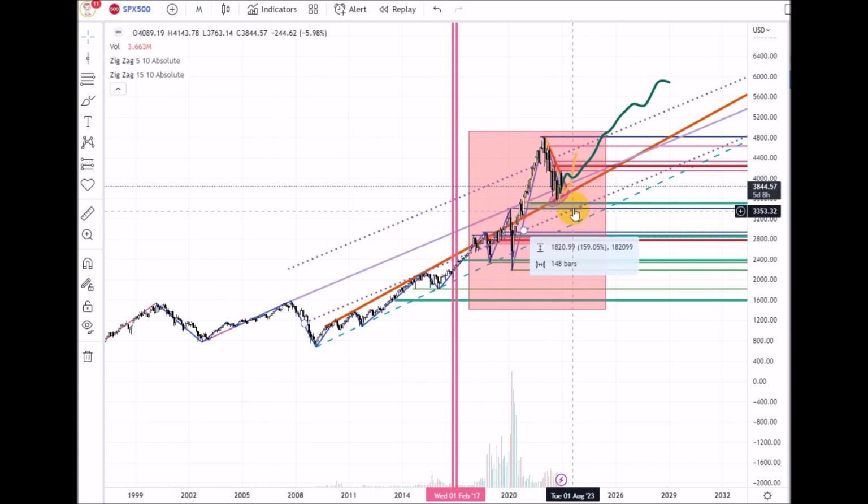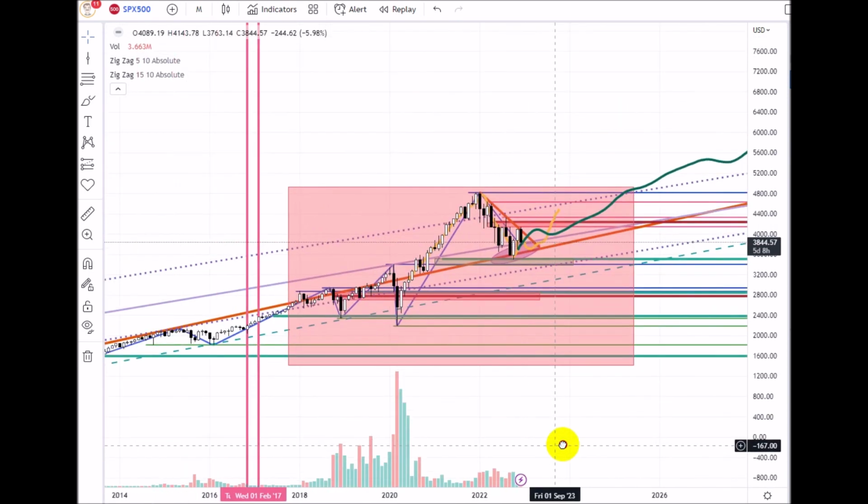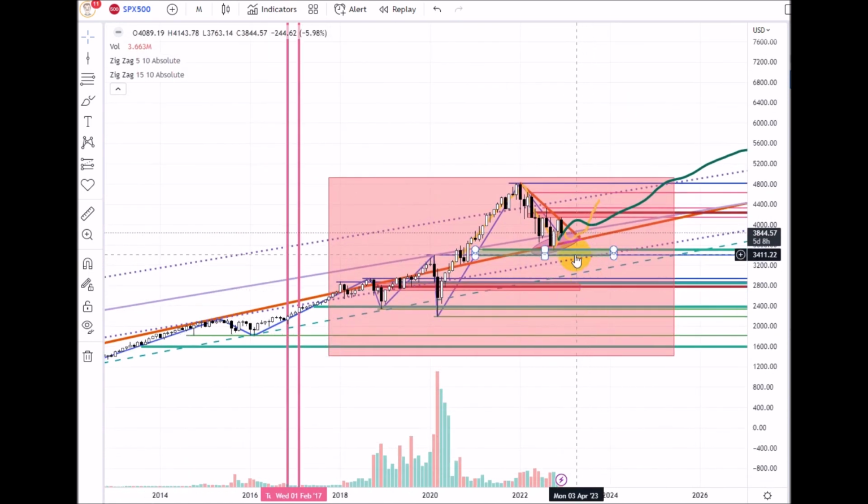But ideally, if there is no crisis event and we flag out into this formation, we're likely to continue to flag out through, let's call it, middle of January 2023, maybe into early February 2023, which would put us right about here and right about this area.